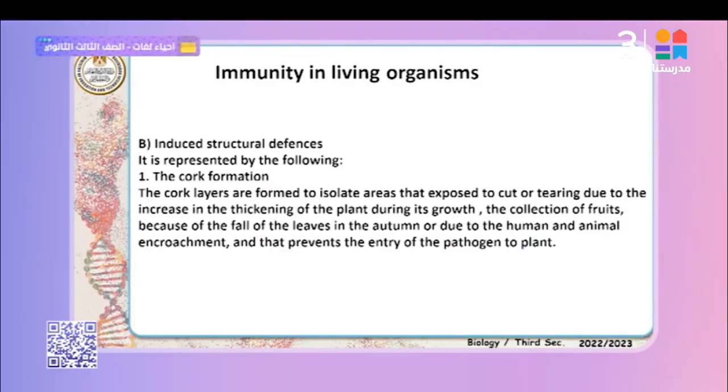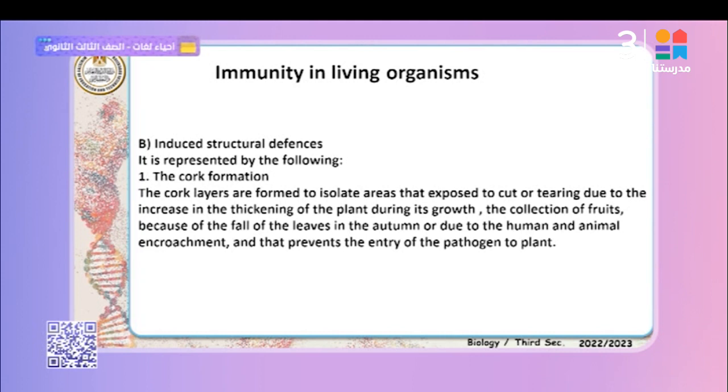Again, explaining induced structural defense, it is represented by cork formation. The cork layers are formed to isolate areas exposed to cutting or tearing due to, number one, the increasing thickness of the plant during growth. Number two, the collection of fruits, for example cutting orange fruits from the plant.